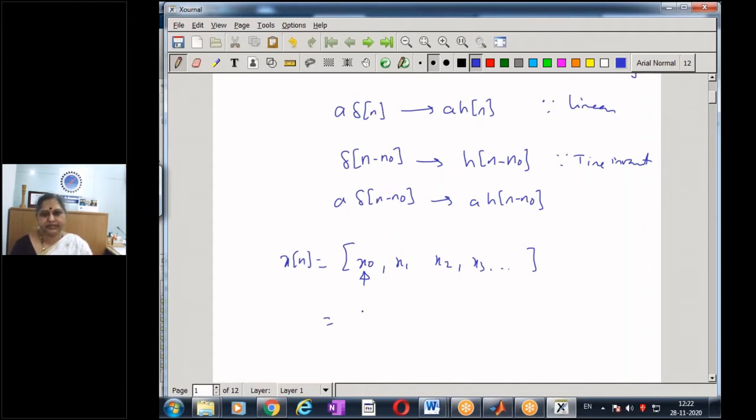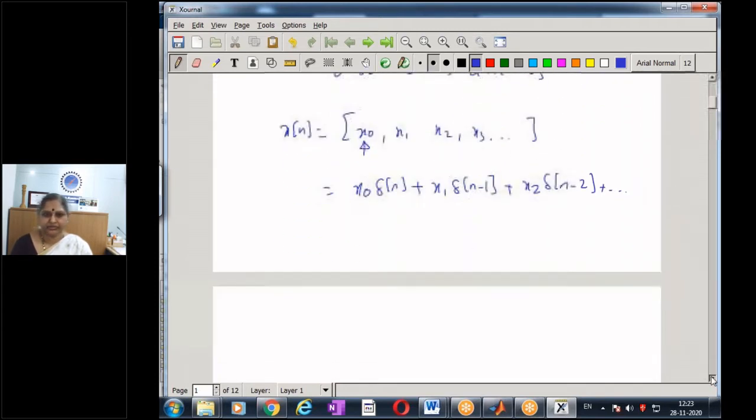We know that this can be written in another method as x[0] at n equal to 0, so x[0] delta[n], plus x[1] at n equal to 1, which is x[1] delta[n minus 1], plus x[2] delta[n minus 2], and so on.